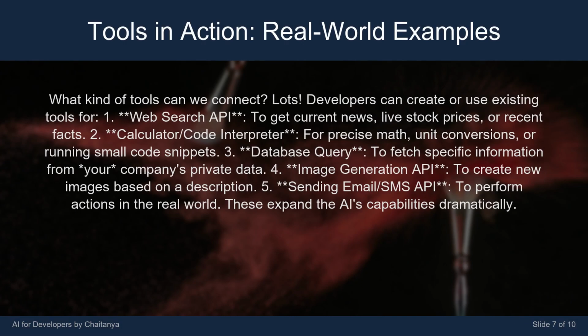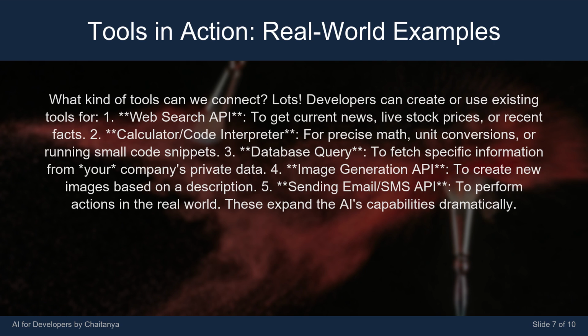What kind of tools can we connect? Lots. Developers can create or use existing tools for: 1. Web Search API. To get current news, live stock prices, or recent facts. 2. Calculator, code interpreter. For precise math, unit conversions, or running small code snippets. 3.